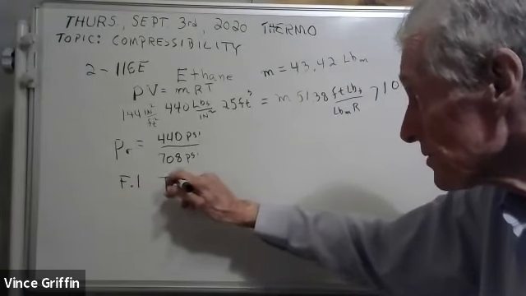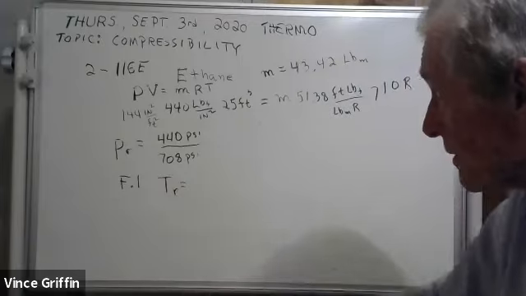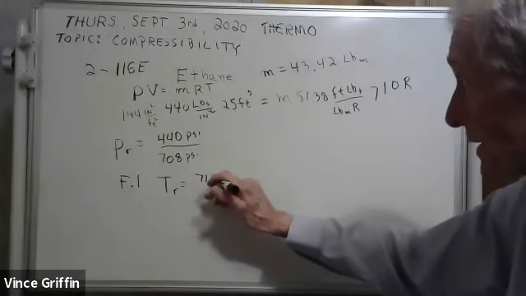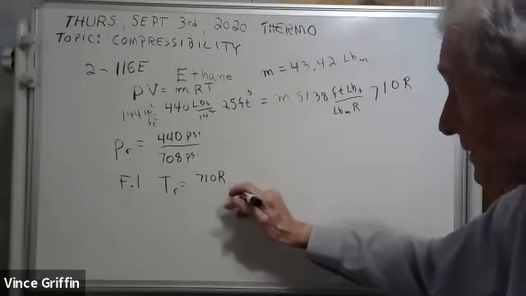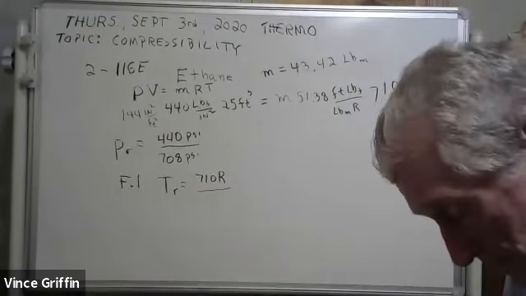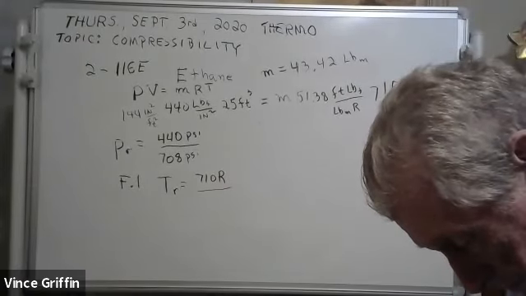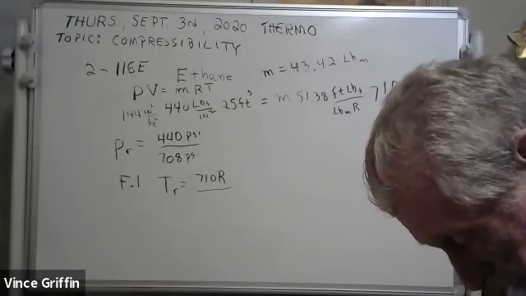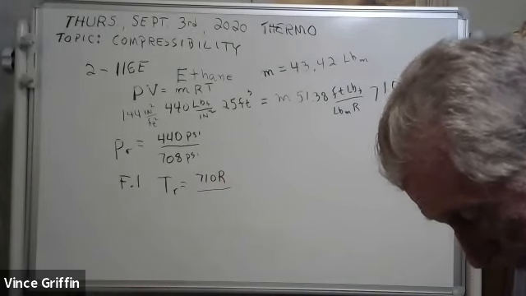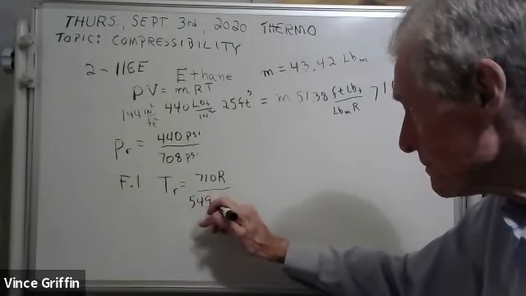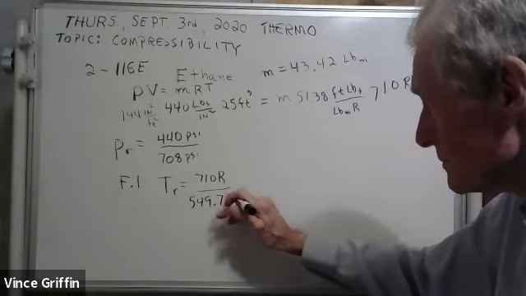Now we're going to need the reduced temperature. The reduced temperature is going to be the 710 Rankine divided by 549.7 Rankine.